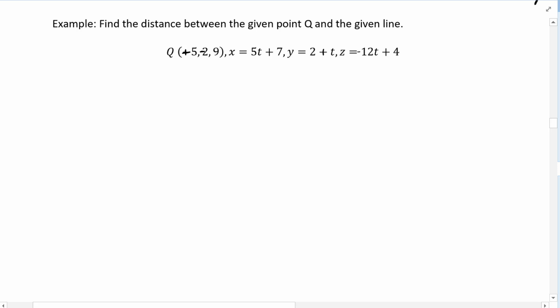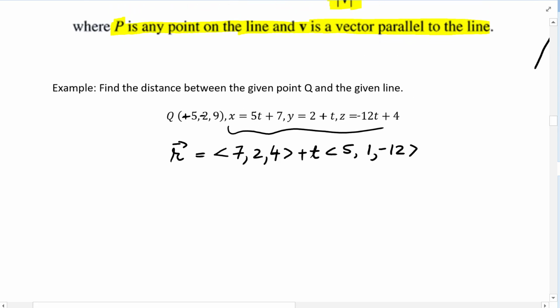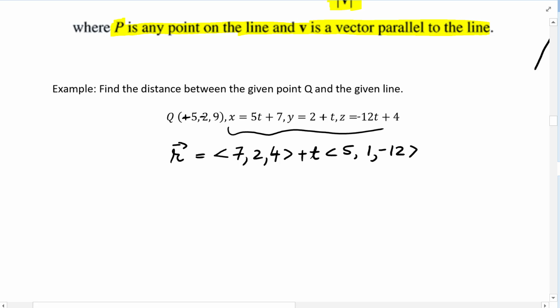Find the distance between the given point Q and the given line. So this given line, I'm going to write it in this form. So let's say r equals 7, 2, 4 plus t times 5, 1, -12. So P is any point on the line. So I'm going to say that P is 7, 2, 4.